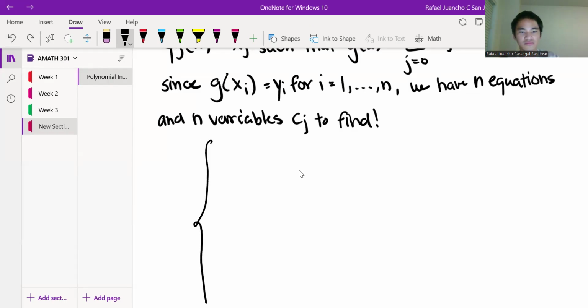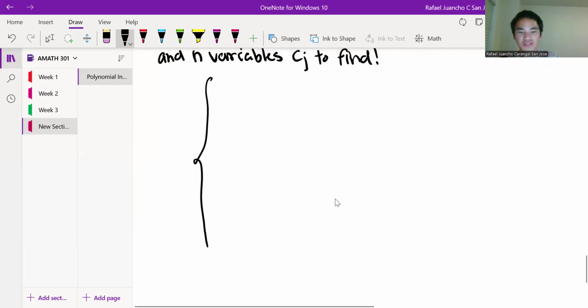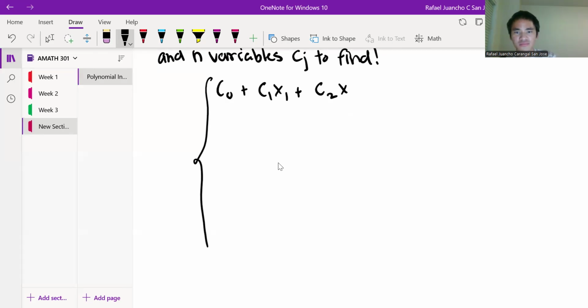We have C naught, that constant, C1 x1, C2 x sub 1 squared, then we continue all the way until we reach C sub n minus 1, all the way to x1 to the n minus 1, which is equal to y1, right?